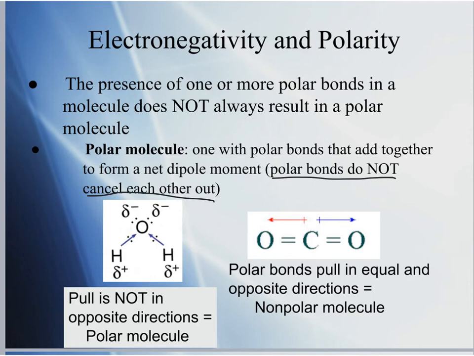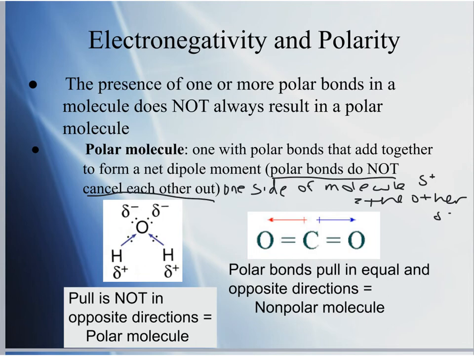So a polar molecule is going to have polar bonds that don't cancel each other out. So we're going to have one side of the molecule slightly positive and the other slightly negative.